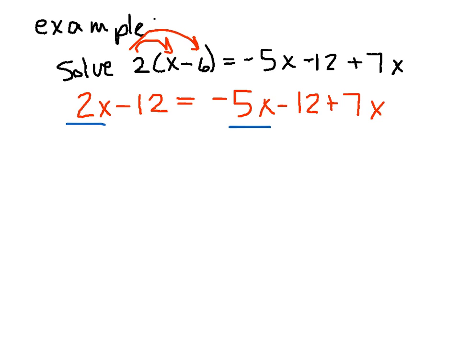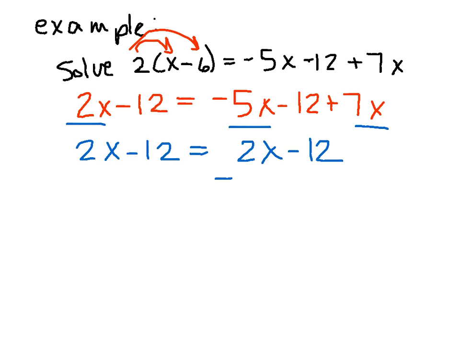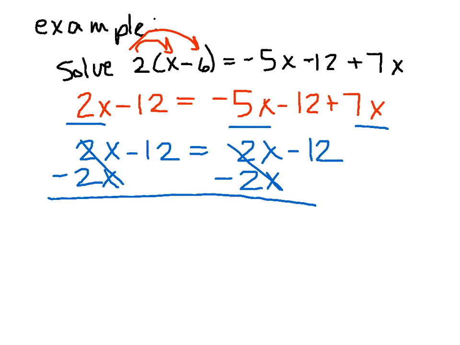I have x's, so 2x over here. Negative 5x plus 7x gives me 2x. Okay. Move our variable over. Those cancel, and I'm left with negative 12 equals negative 12.